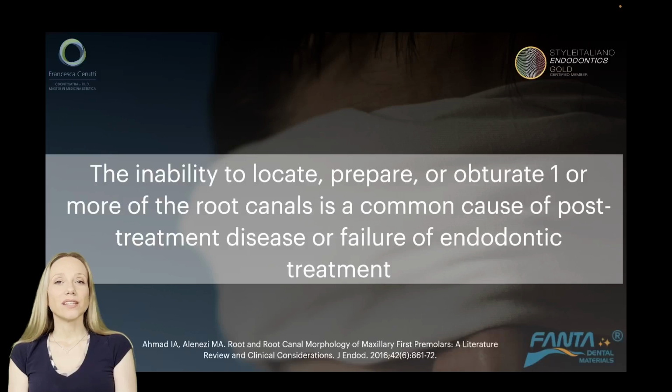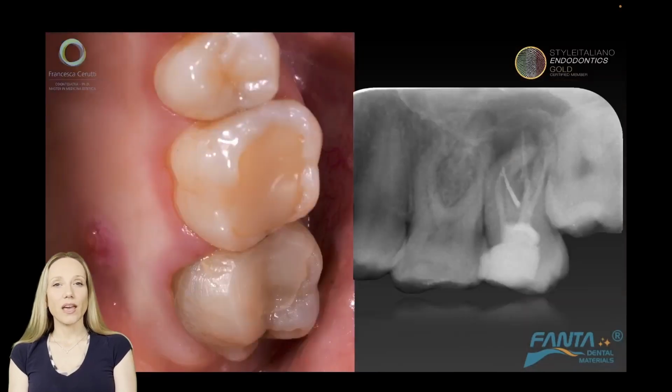So, the literature has widely investigated this topic, and the first problem is really to locate all of the root canal openings, for example.